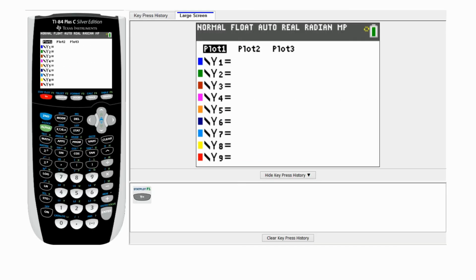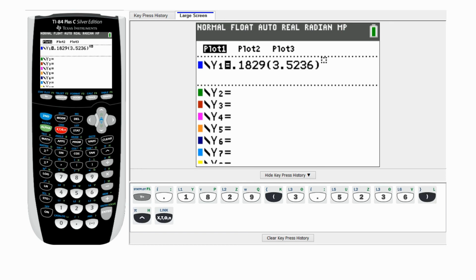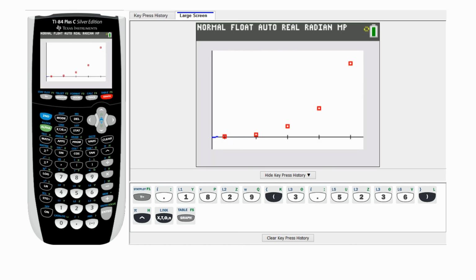Go to y equals 0.1829 parenthesis 3.5236 to the power of my exponent. Graph. And this curve is a good approximation of my data.